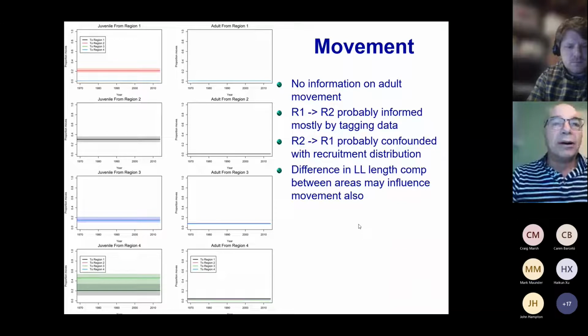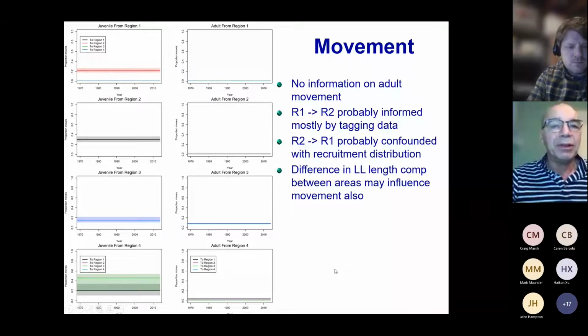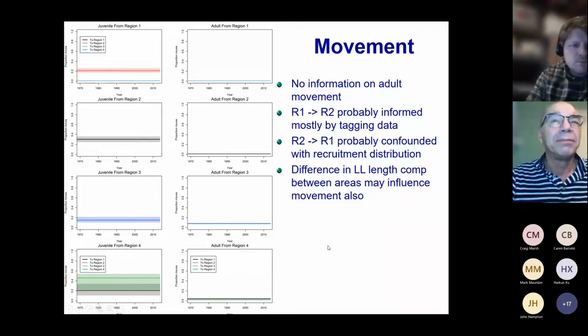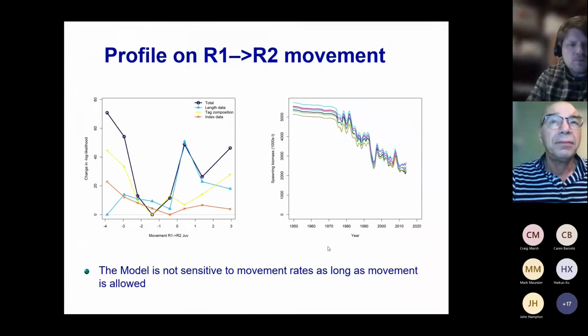And so, I'm not going to try to interpret all the details here, but we do see that we end up with very low movement rates to and from areas 3 and 4, just because there's really not enough information to decipher that.